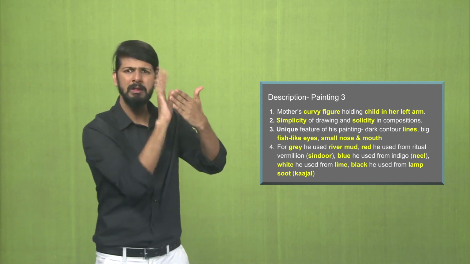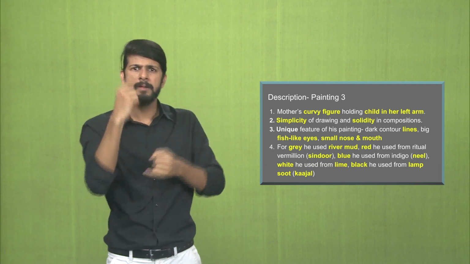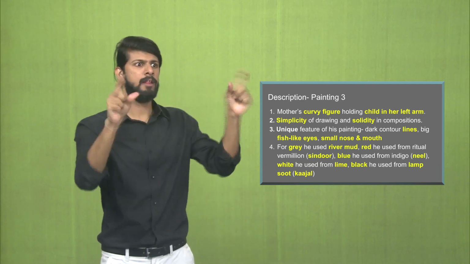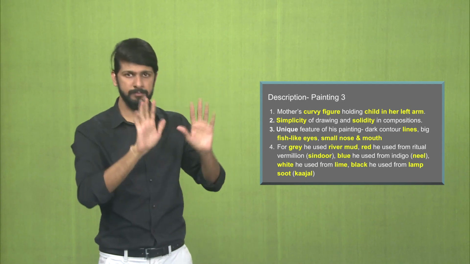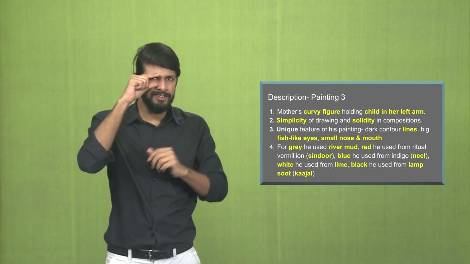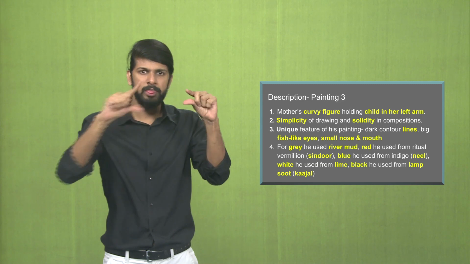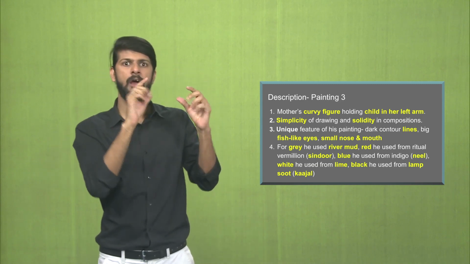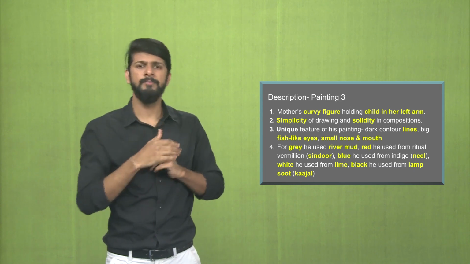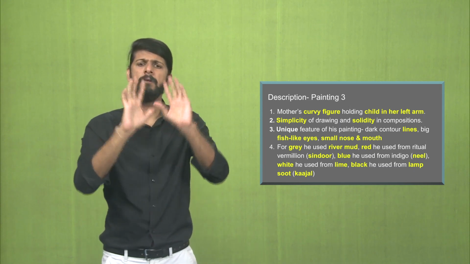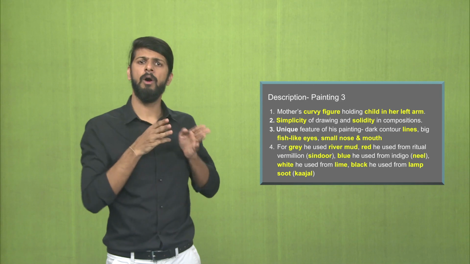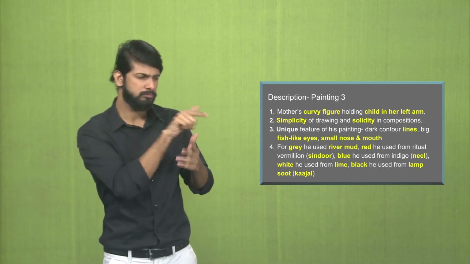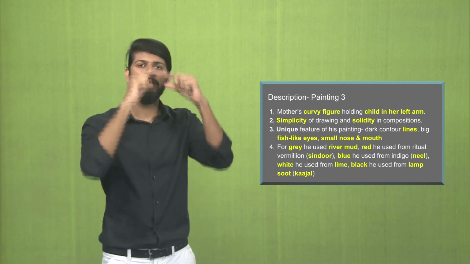The unique features of his painting were the dark contoured lines, big fish-like eyes, whereas the nose and the mouth were really small. These are the unique features of Jamini Roy's style.